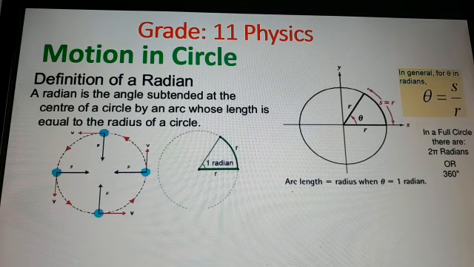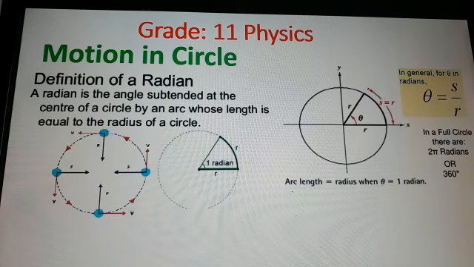Here I am explaining the definition of a radian. Define radian. What will you write? A radian is the angle subtended at the center of the circle by an arc whose length is equal to the radius of the circle. See the picture of one radian. You know that mainly we measure angles in degrees.